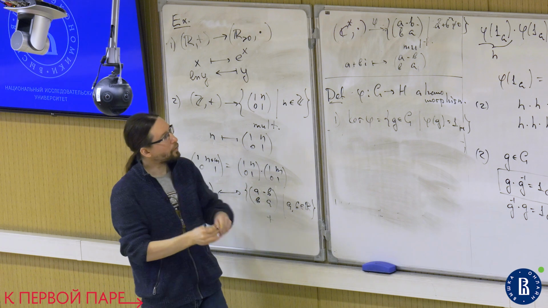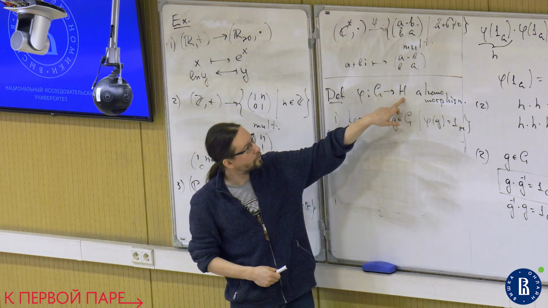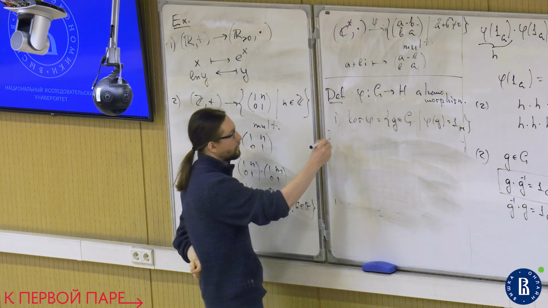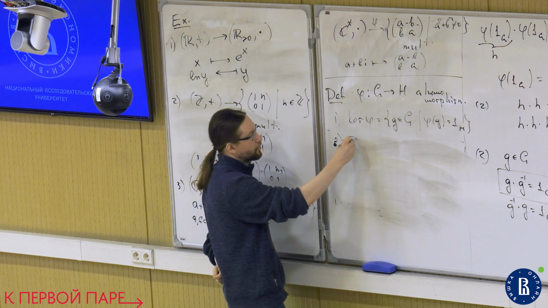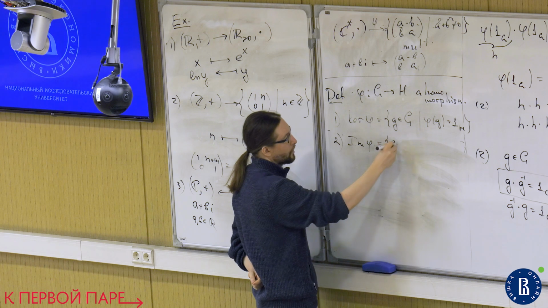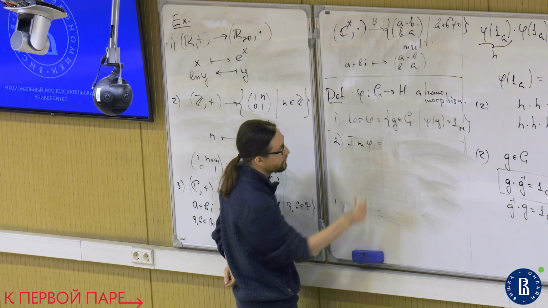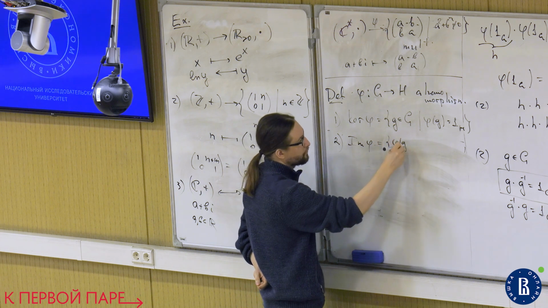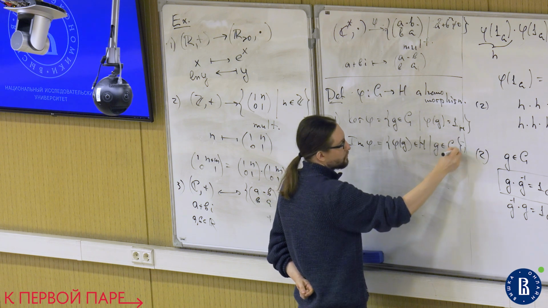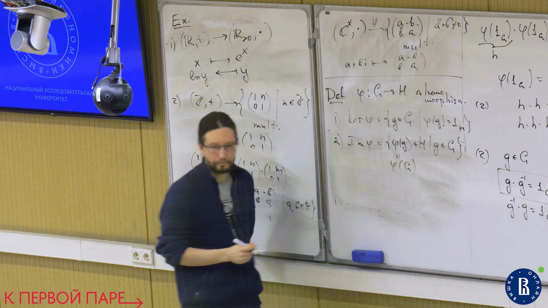So we take all elements from G such that they go to the neutral element of H. Now, the image is just the set theoretical image, which is the set of all elements phi of g in H, where g goes through all the elements of G. So this is basically phi of G.